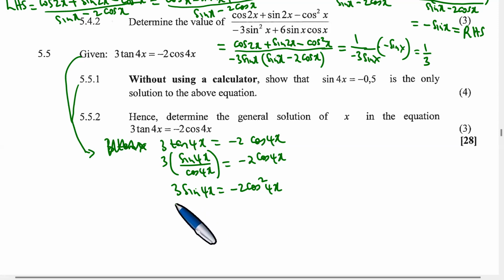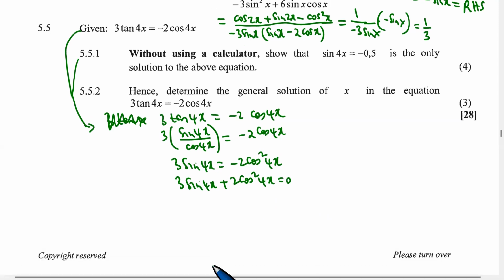Which means you have 3 sine of 4x plus 2 into the cosine, because you know that sine squared x plus cosine squared x is 1.